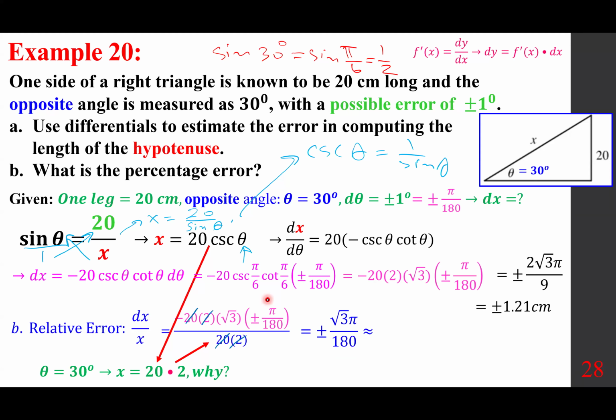Square root of 3 pi over 180. Exactly, if you put it into a calculator, plus minus 0.03, which means plus minus 3%. If they want relative error, you can stop here. If they want percent error, you have to change it to a percentage, as is the case here.